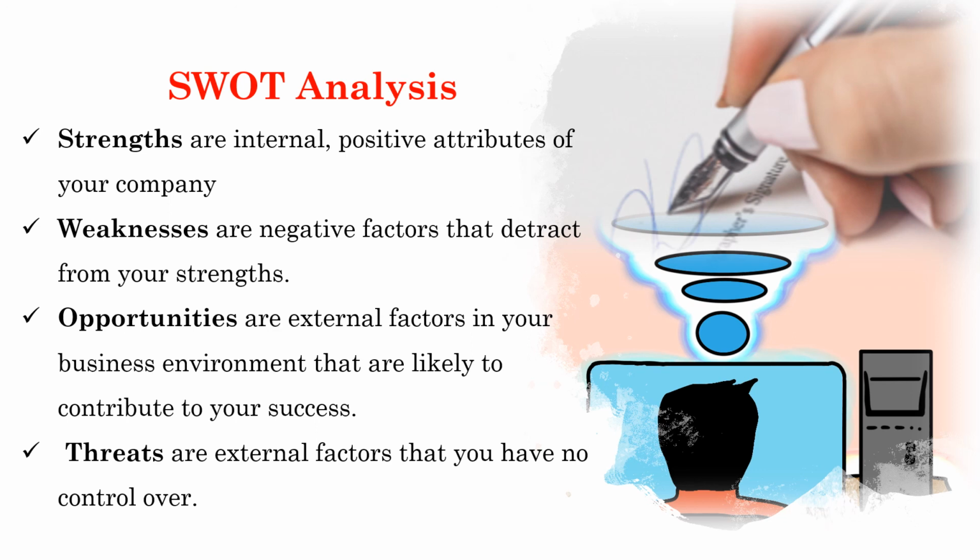Could future developments in technology change how you do business? Or is consumer behavior changing in a way that could negatively impact your business? And are there market trends that could become a threat?